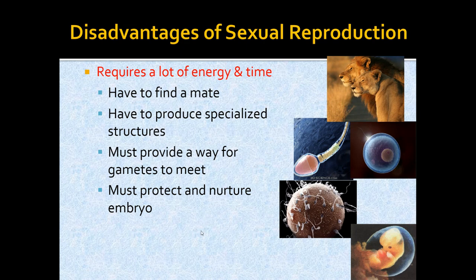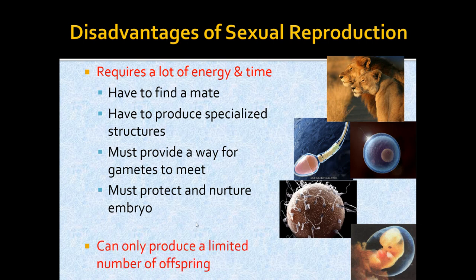Now after they meet, and when you have a fertilized egg, you need to protect and nurture the embryo too. So those are the things that are maybe a little disadvantageous when you choose the sexual reproduction process, right? It can only produce a limited number of offspring.